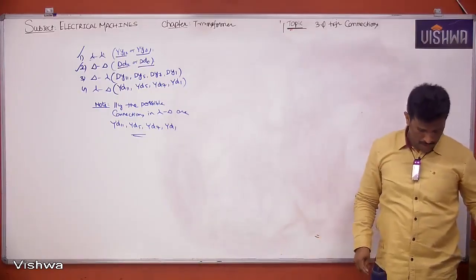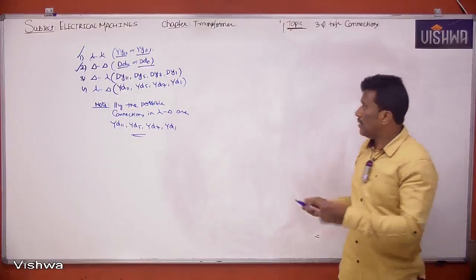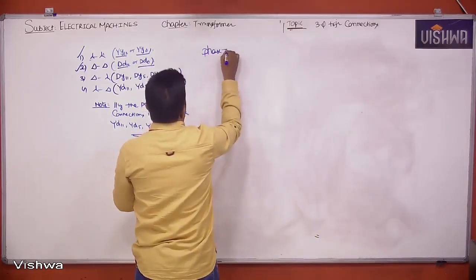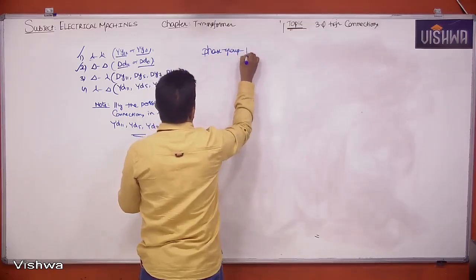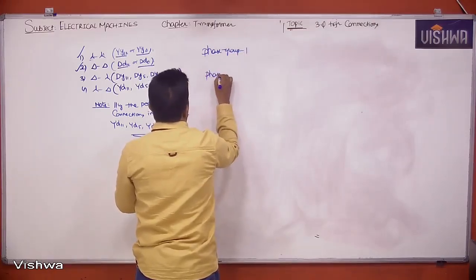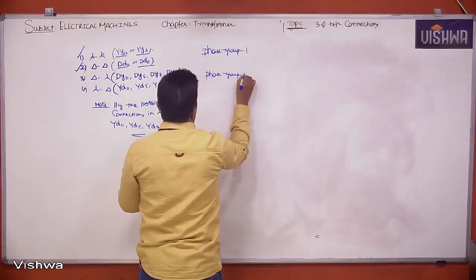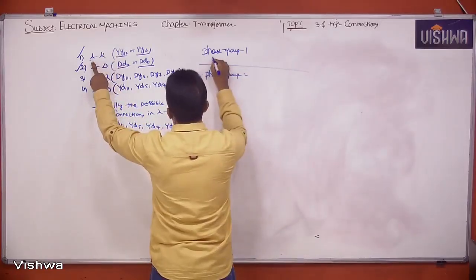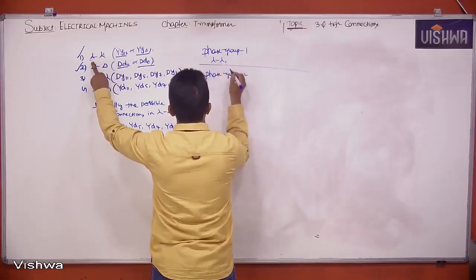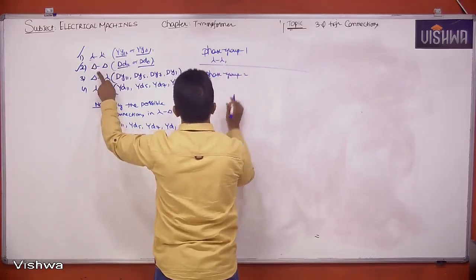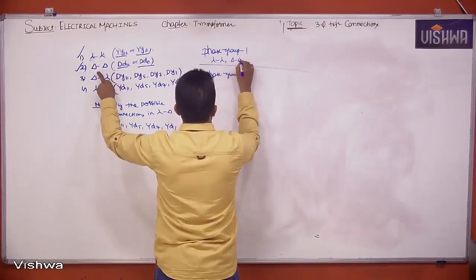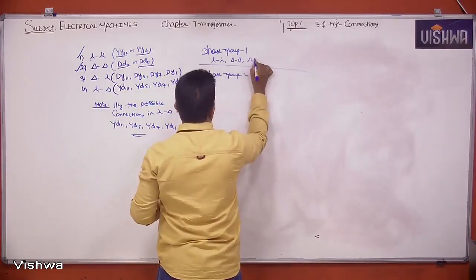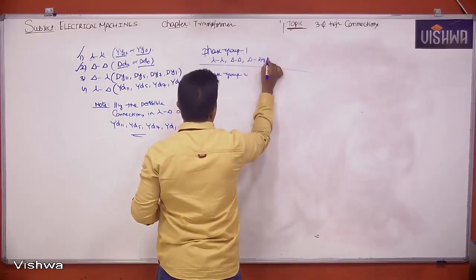Okay. Now, see guys, here one thing you have to understand. I'll divide total connections into two groups: phase group 1, phase group 2. Under phase group 1, you'll be having star star, delta delta, and one more connection, delta zigzag star.